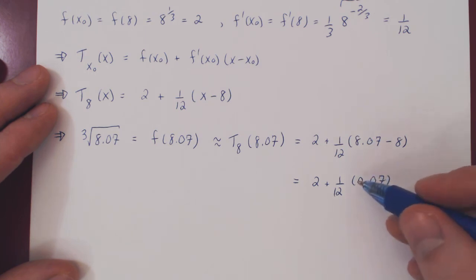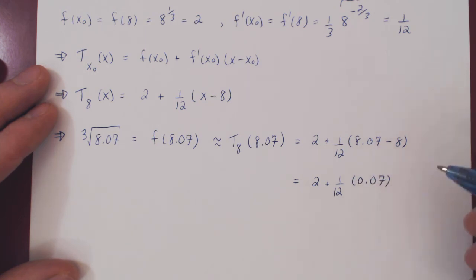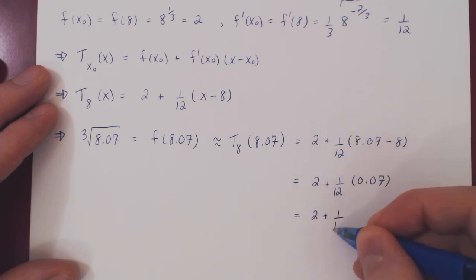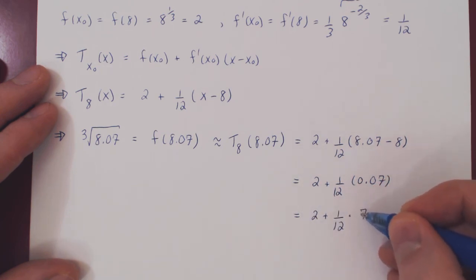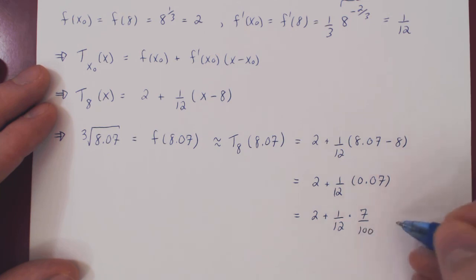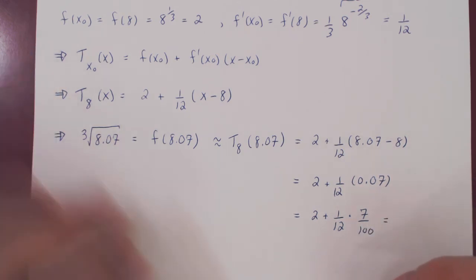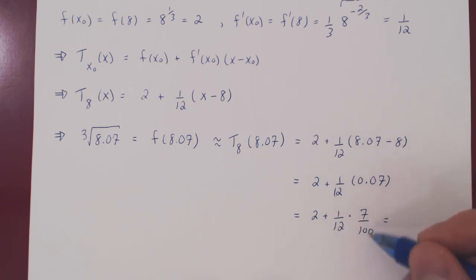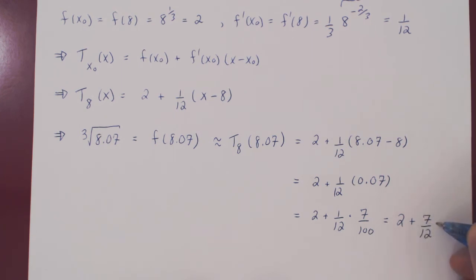So here we'll simply write 0.07 as 7 over 100. The over 100 part is easy, so we'll compute 7 over 12, and then divide by 100, as this is quite simple. So 7 over 12 times 1 over 100, because this will be simply moving the decimal by 2 places.